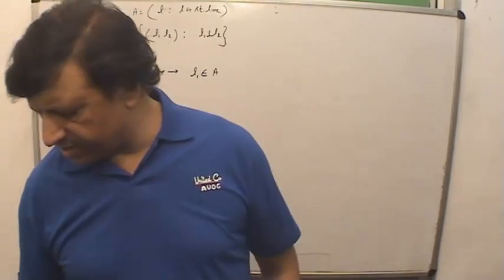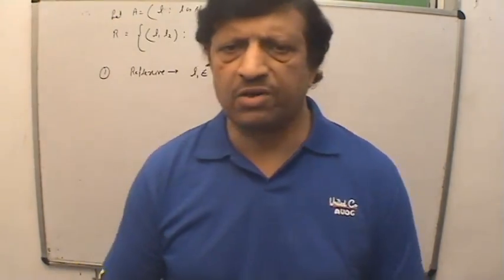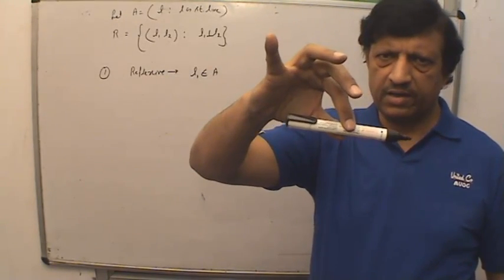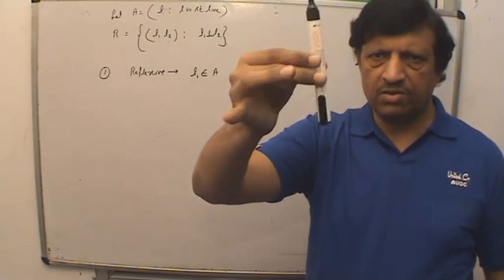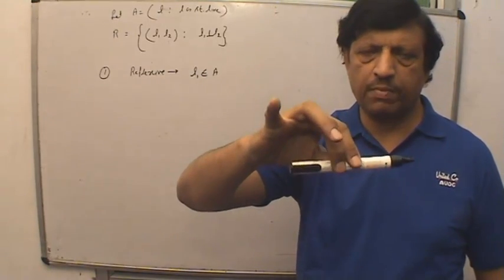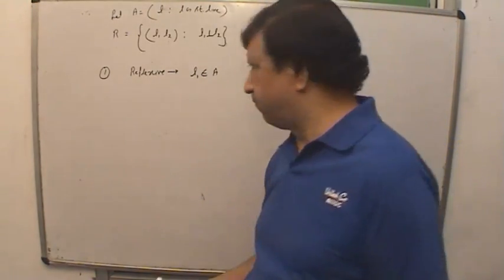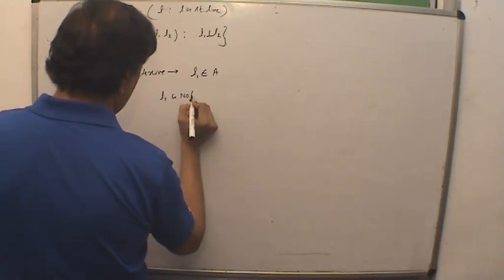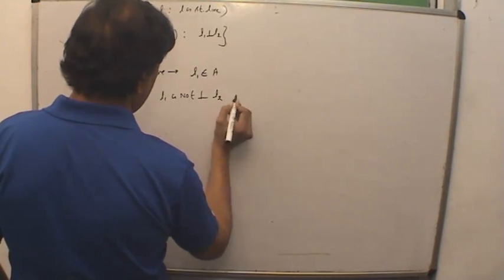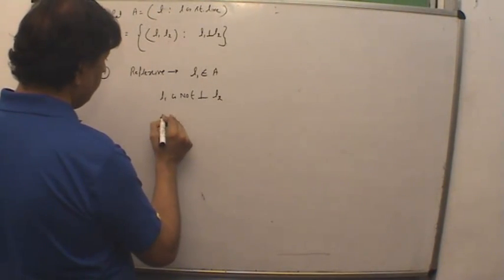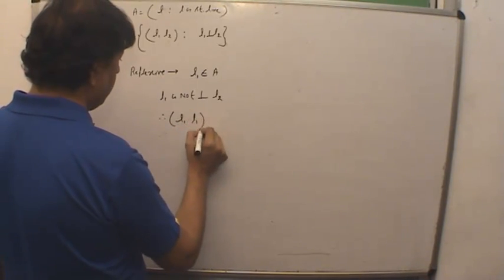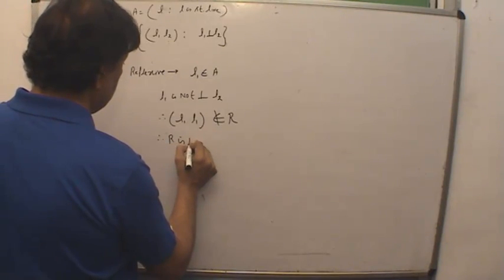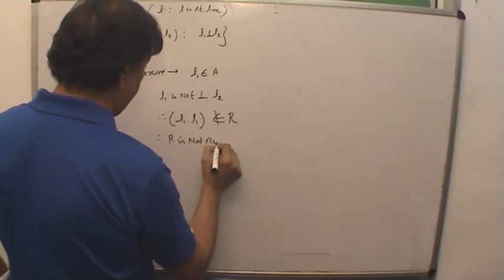In geometry, we consider every line is parallel to itself, but a line is either parallel or perpendicular. A line cannot be perpendicular to itself. Then L1 is not perpendicular to L1. Therefore, L1, L1 does not belong to R. Therefore, R is not reflexive.